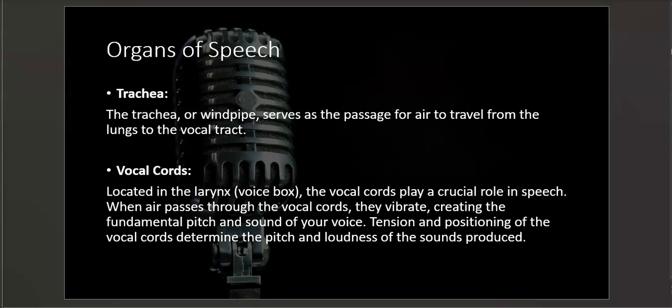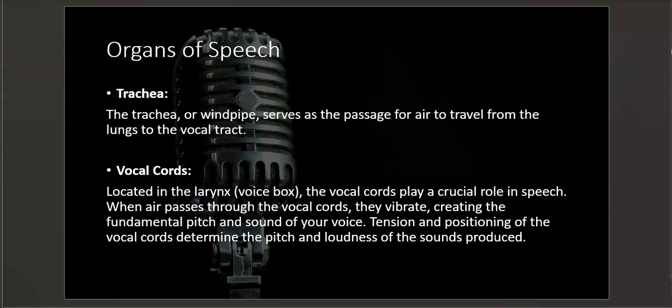Sometimes you hear someone say that your vocal cords are plain, or your vocal cords are wavery, or your vocal cords aren't that pleasant. So what do they mean when they talk about vocal cords? The vocal cords play a crucial role in speech, okay? When air passes through the vocal cords, they vibrate, creating the fundamental pitch and sound of your voice.